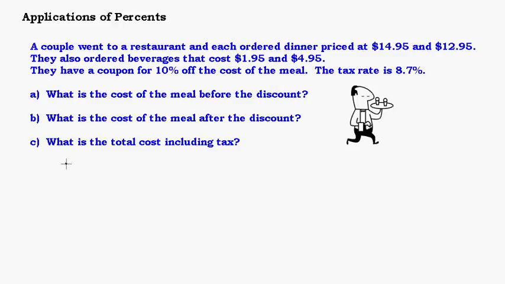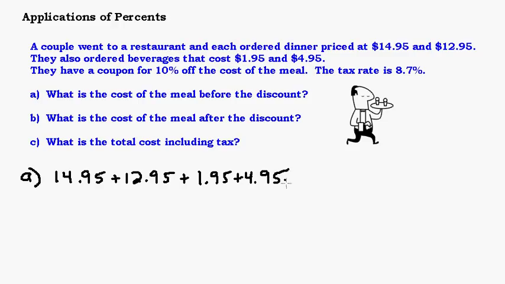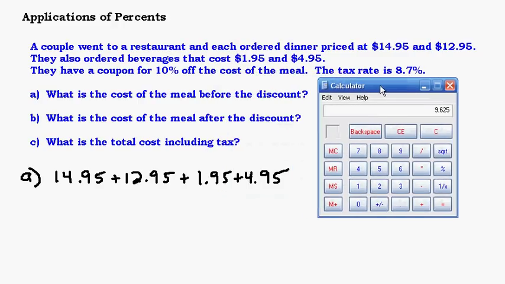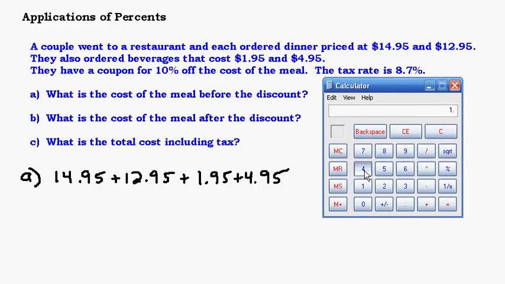All right, part A, what is the cost of the meal before the discount? And that's probably what you were thinking when you were reading this as well. The first thing I'm going to have to do is add all this up and figure out what their food bill was. So we had $14.95, $12.95, $1.95, and $4.95. And you could obviously line all these decimals up and add everything together.